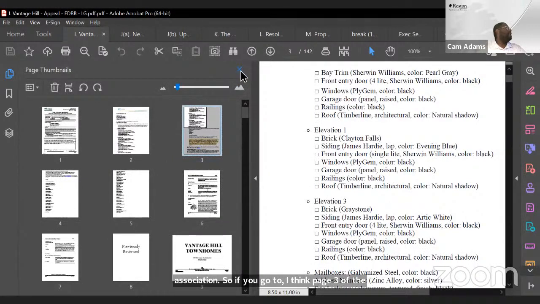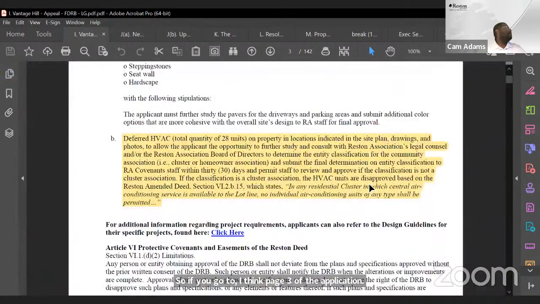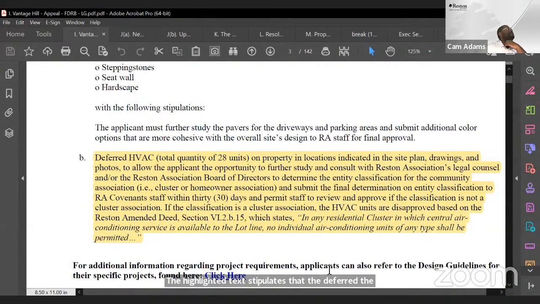application, the highlighted text stipulates that the board deferred the decision related to the HVAC units to allow the applicant the opportunity to further study and consult with Resident Association's legal counsel and or the Resident Association Board of Directors to determine the entity classification for the community association and to submit that final determination on entity classification to RA covenants within 30 days and permit staff to review and approve if the classification is not a cluster association.